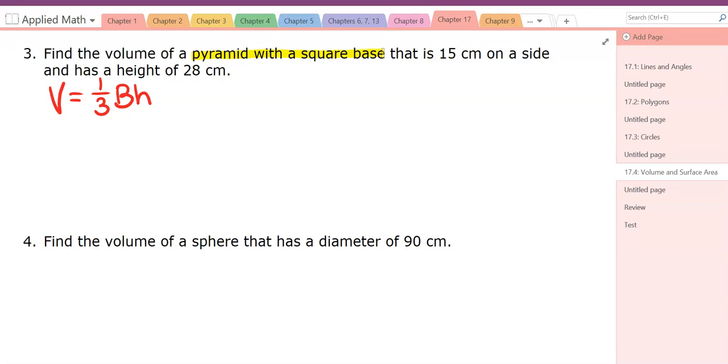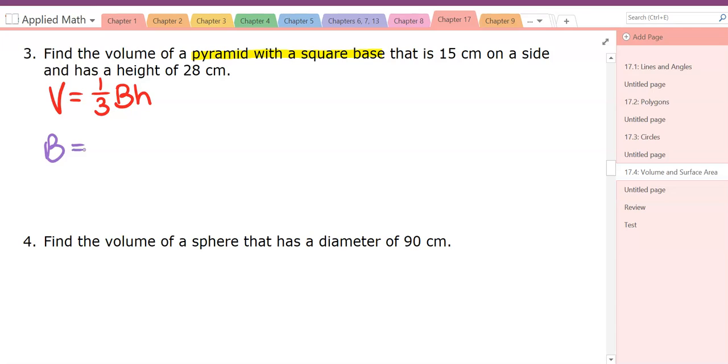How do we find area of a square? How would you find like area of a rectangle? Length times width. So squares have all equal sides, so you're just taking a side times itself, or a side squared. How long do they say the sides are on that square? 15 centimeters.